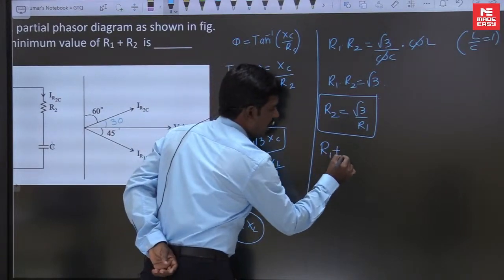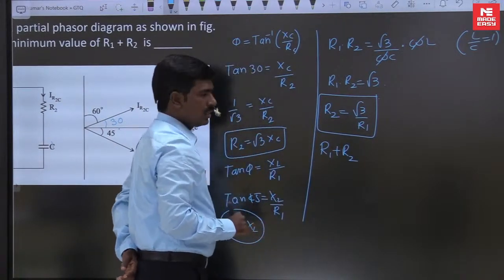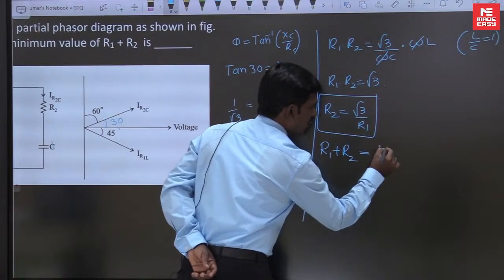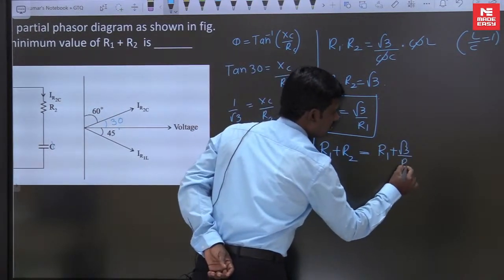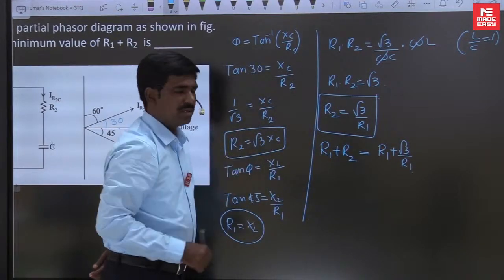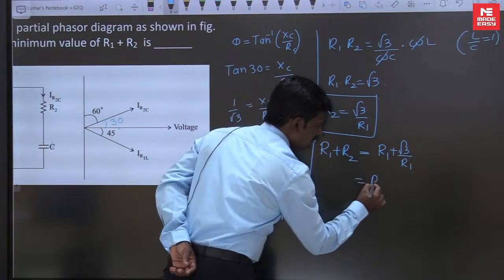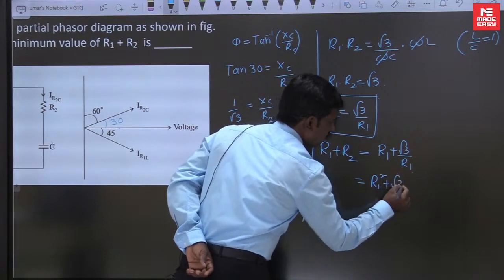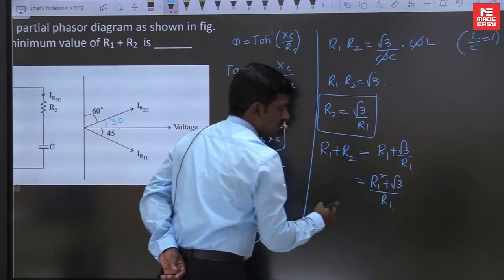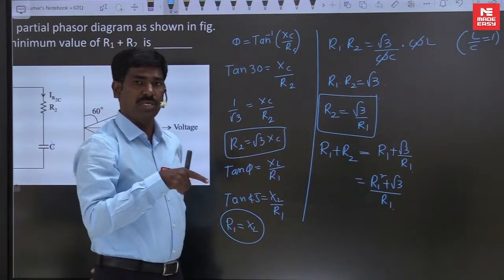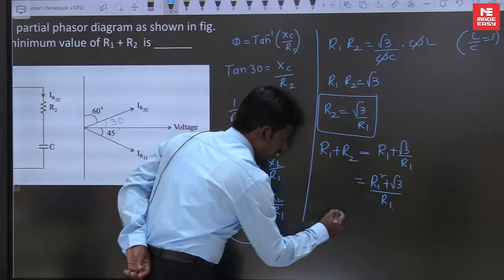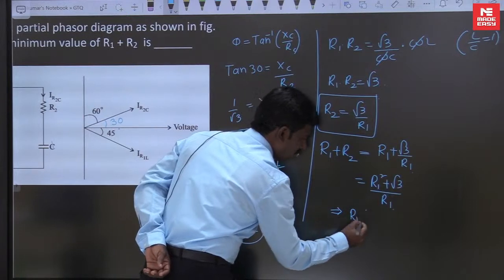R1 plus R2 is equal to R1 plus root 3 by R1. This expression, what to do now? Minimum means you differentiate with respect to R1, using the U by V rule.